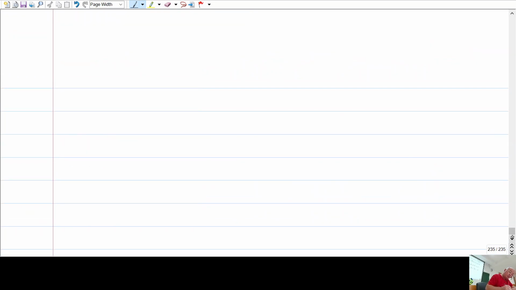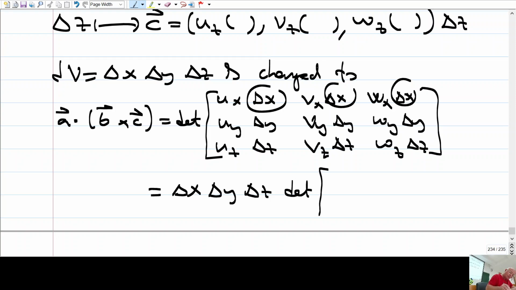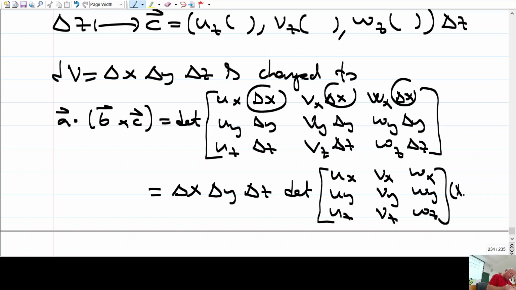And what is the determinant of this? Well, delta x goes out, delta y goes out, and delta z goes out, and then you have this determinant: u sub x, v sub x, w sub x, u sub y, v sub y, w sub y, u sub z, v sub z, w sub z, computed at the point x0, y0, z0.